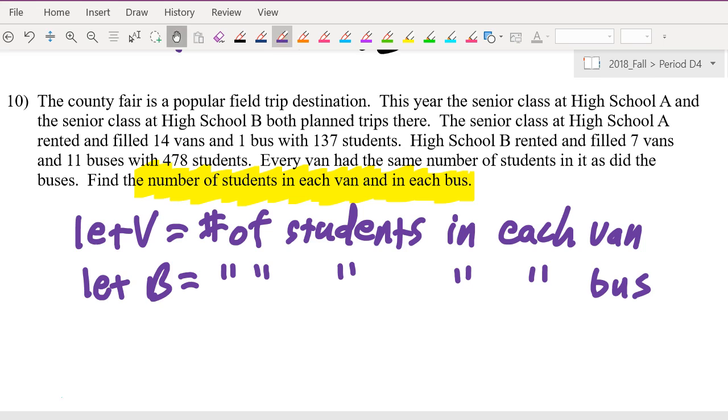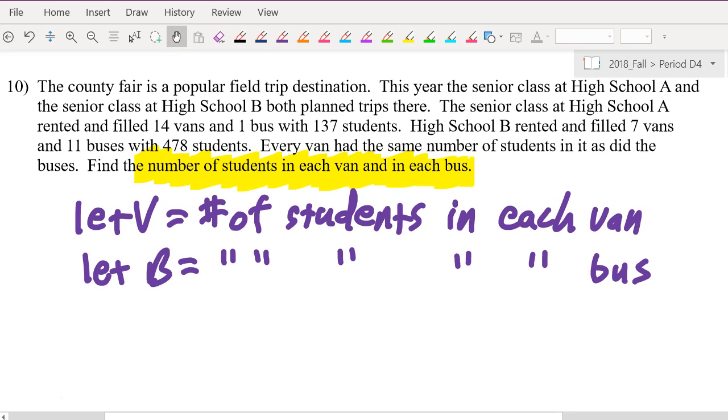All right. Okay. So we need to find equations, right? So 14 vans, 1 bus, 137 students. How do I write that out? 14V plus 1B equals 137.